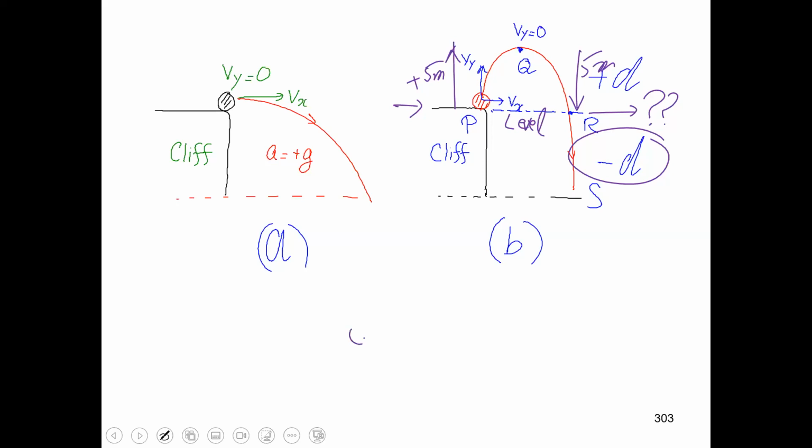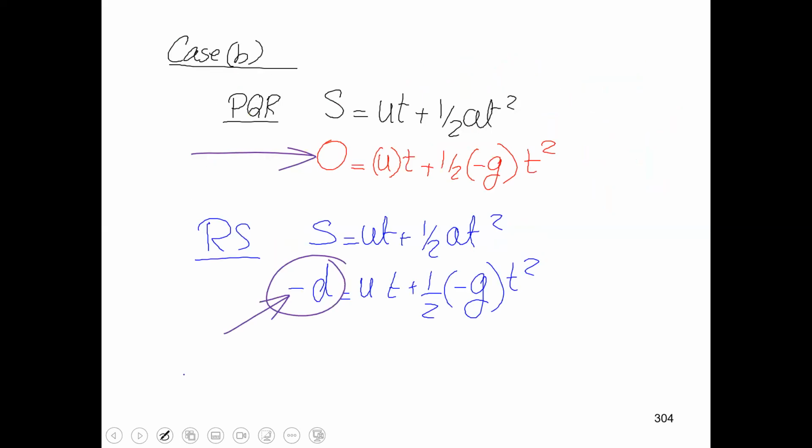So suppose this is my home and I start from here. It is 5 meter. I turn back, come back, it is again 5 meter, displacement will be plus. But when I cross this position and go back, now it will be minus 5 meter. Displacement becomes negative when you go beyond the starting point.